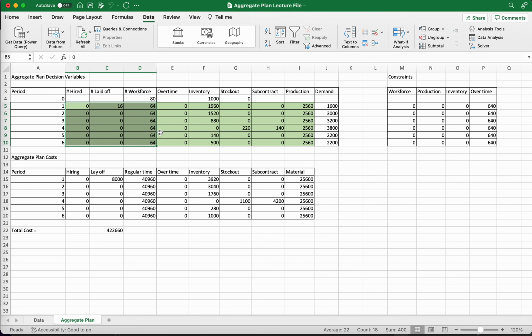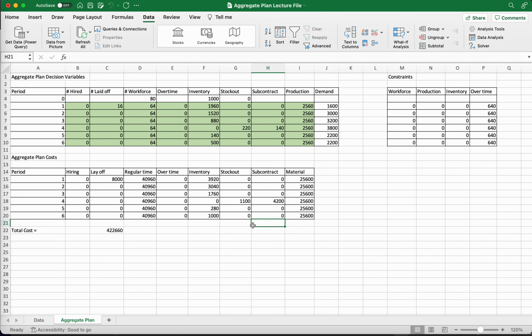Instead of laying off 15.4 workers, you'll be laying off 16 full workers, and this is the solution that's in the textbook. That's why our numbers were slightly off from the textbook. We started with an inventory of 1500, and I didn't input the fact that these values have to be integers. With this, this is what the aggregate plan looks like.